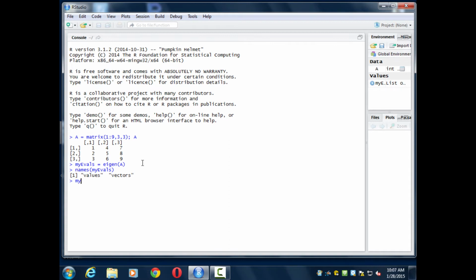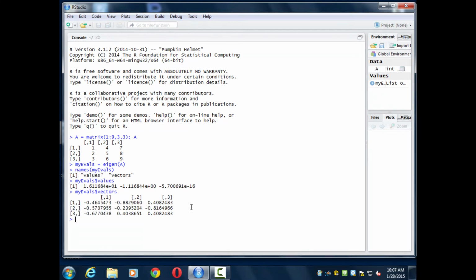For example, I can say my evals $ values, and this gives me a list of the eigenvalues which are stored under that attribute. So notice again the use of the dollar sign. And if I type my evals $ vectors, then this gives me a list of the eigenvectors of that matrix.